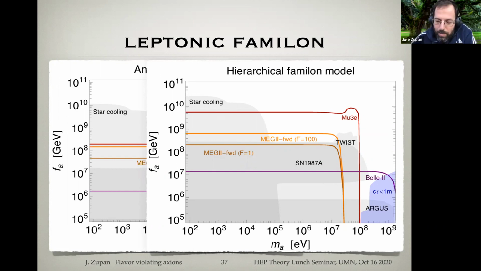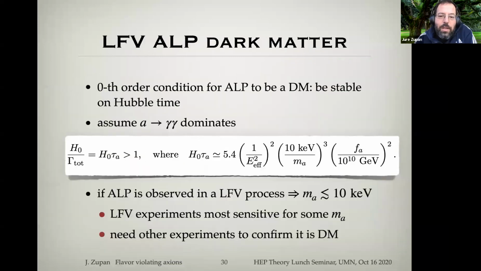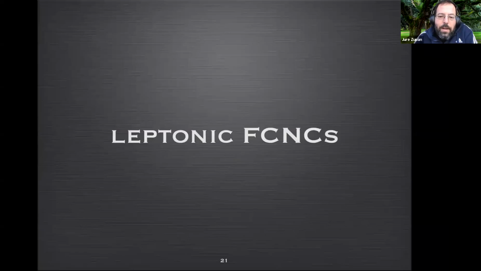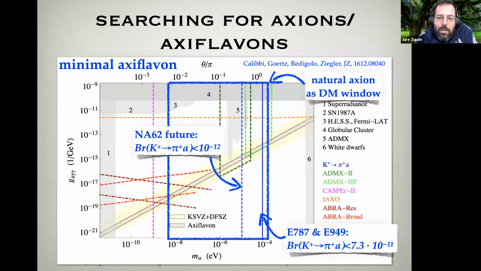So maybe if I go back now, I had this band, maybe I didn't stress it much. This is the Peccei-Quinn band, where all the couplings were varied between 1/3 and 3, where with the symmetry you would say it's order one.